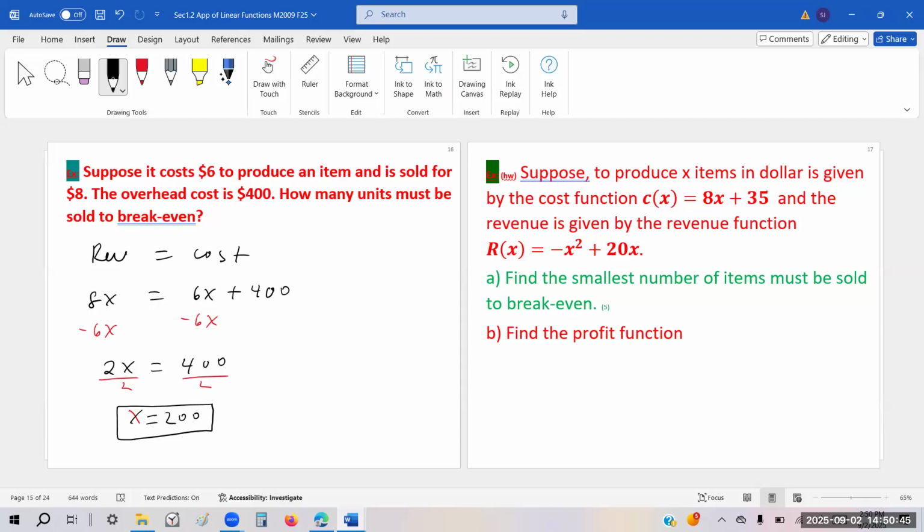They gave you the cost function and the revenue function, so you don't have to use your brain to find them. You are going to find the smallest number of items you have to sell. What's the least amount of items you have to sell to break even? And then figure out your profit function.